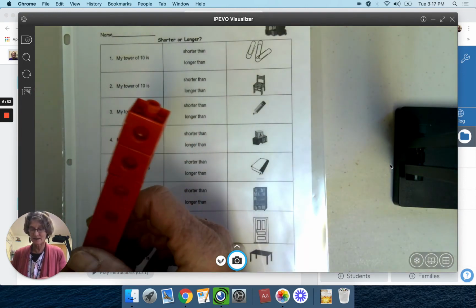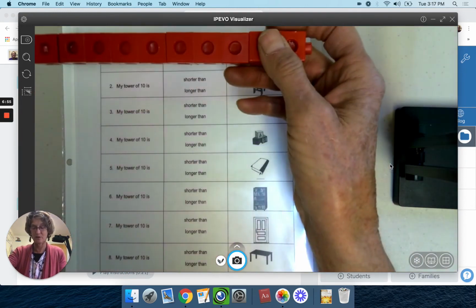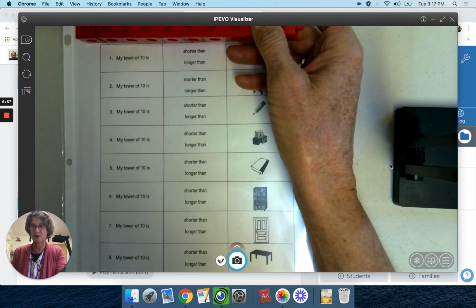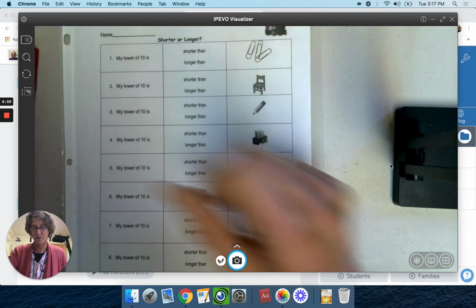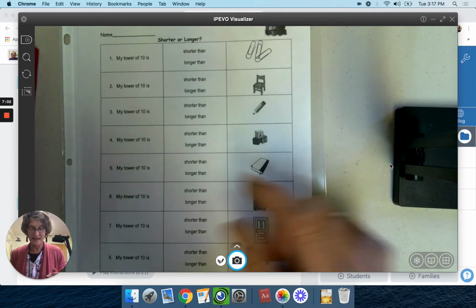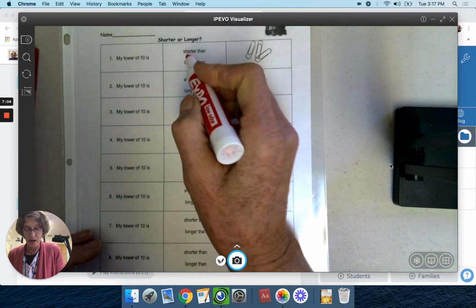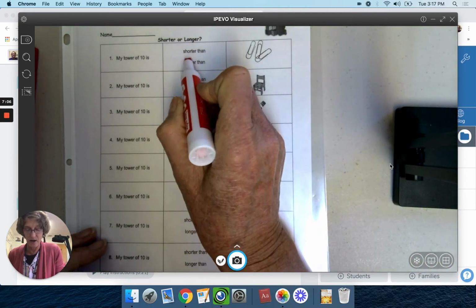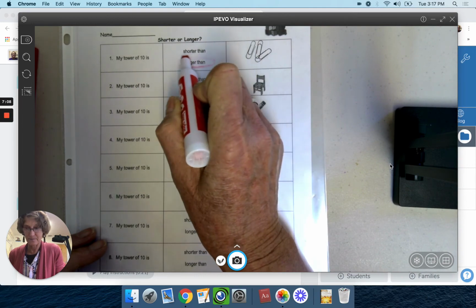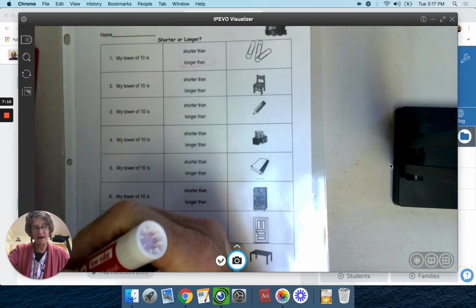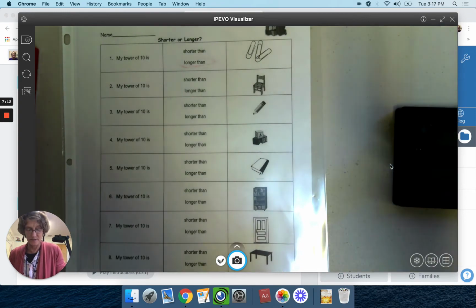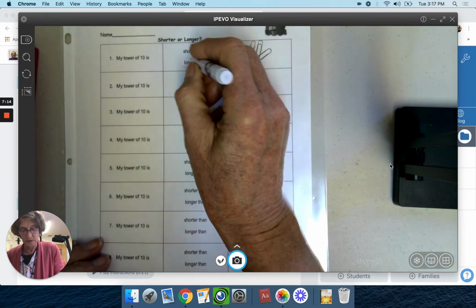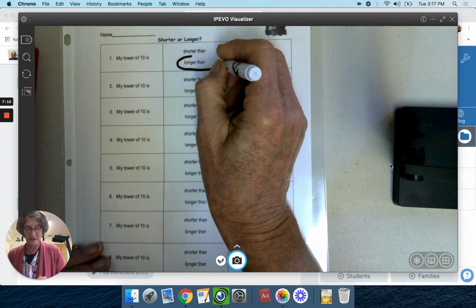We just showed that, didn't we? Remember, you're going to want to line them up and measure. We just showed that the Tower of 10 is longer than the paper clip.